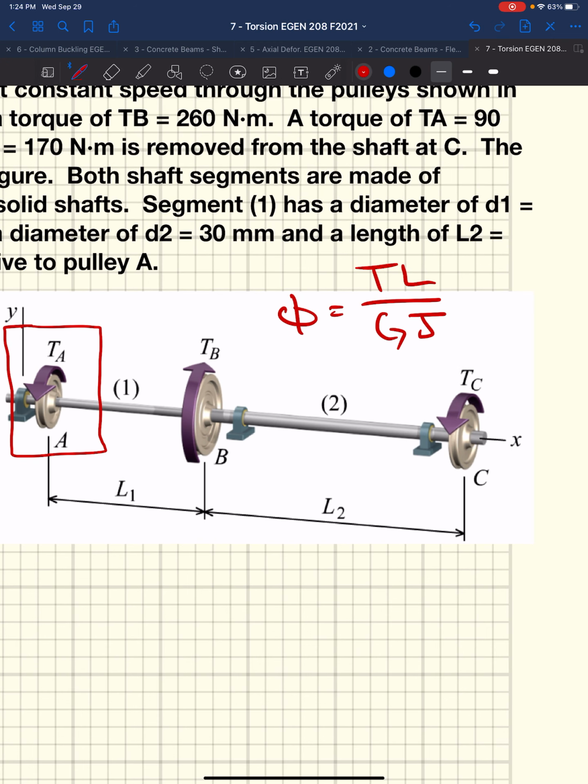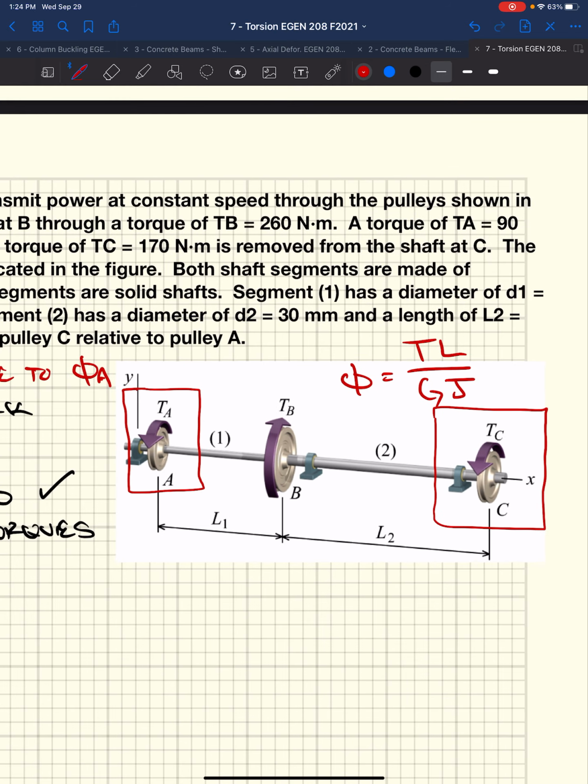We also want the internal torque of shaft 2. We're going to be working our way across this to figure out what is our angular deflection. How far did this thing rotate as we applied torque to it? So we need both the internal torques, so I'm going to cut it right here. You could cut it right there if you'd like to.